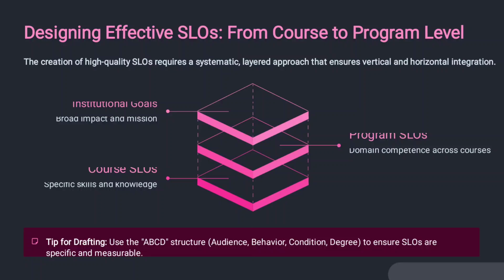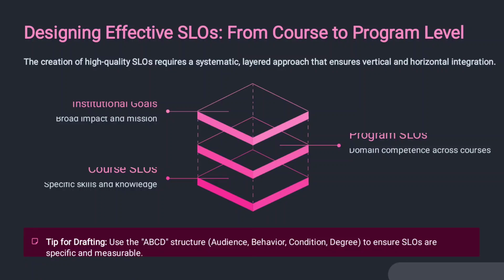Designing effective SLOs from course to program level. The creation of high-quality SLOs requires a systematic, layered approach that ensures vertical and horizontal integration. Institutional goals are broad impact and missions, program SLOs are domain competence across courses, and course SLOs are specific skills and knowledge.